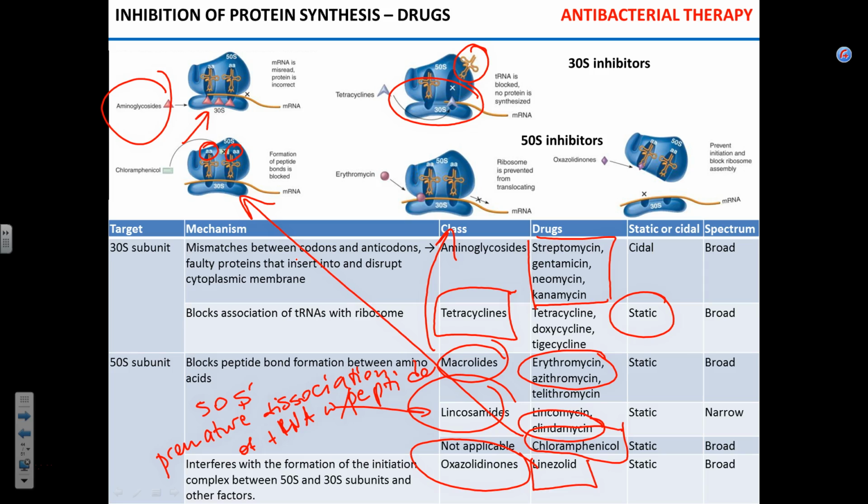Interesting thing about Linezolid is that, strictly speaking, it doesn't bind to the ribosome. It prevents the ribosomal formation. It binds to the 50S subunit, so the ribosome cannot even assemble. You see the difference? Yes.